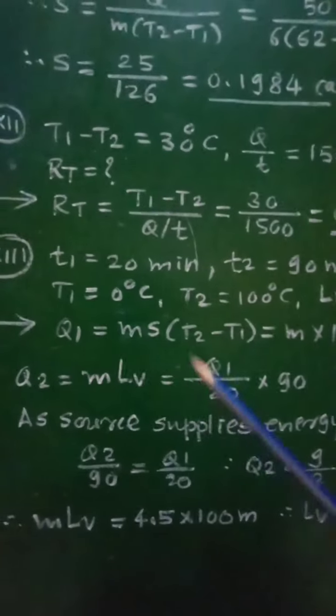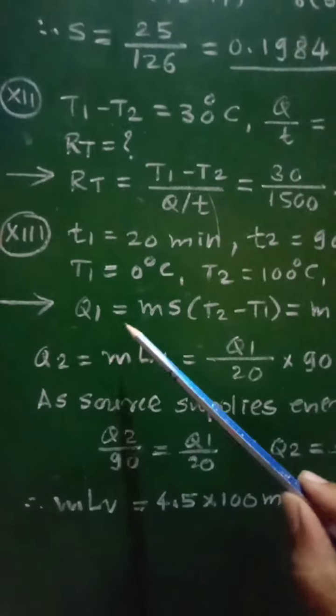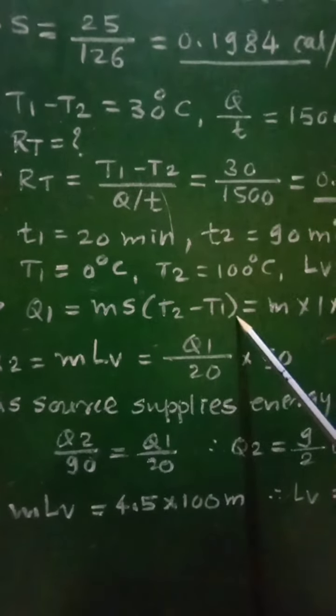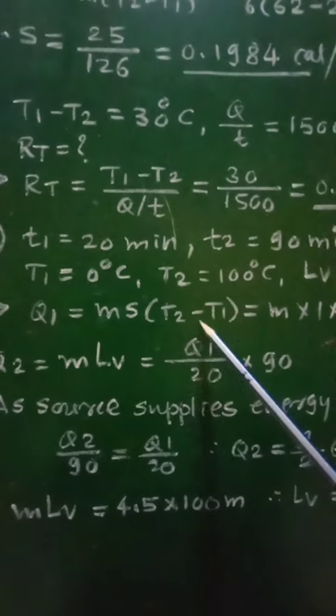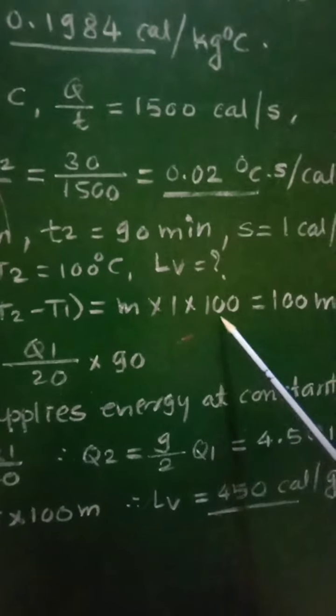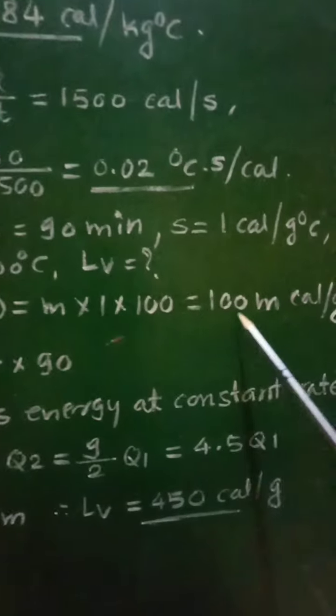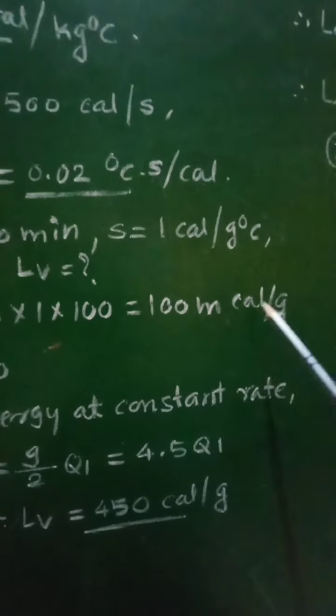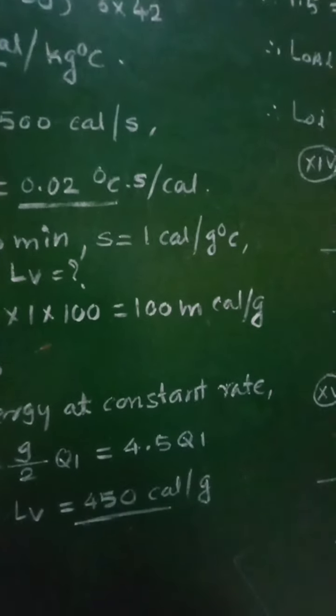So Q1, in the first step, Q1 will be equal to ms into T2 minus T1, that will be equal to m into 1 into 100, that is equal to 100 m calorie per gram. This is the value of Q1.